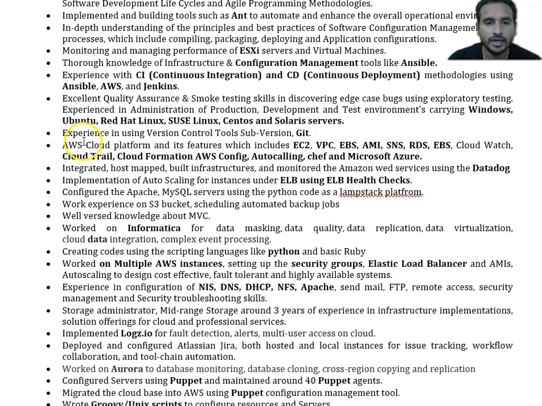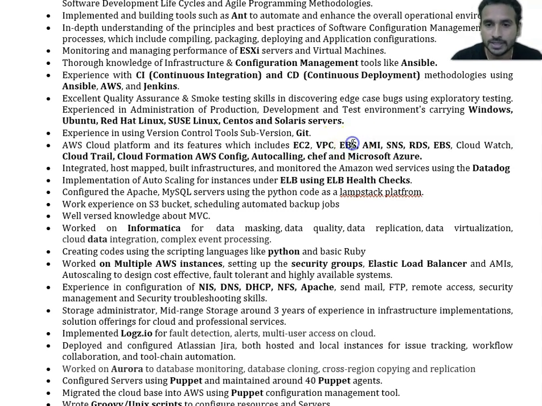All right, AWS cloud platform, this person worked on. Now EC2: with EC2, they create an instance of what will be there in the cloud. The VPC is also from AWS, a virtual private connection, so how to connect virtually.